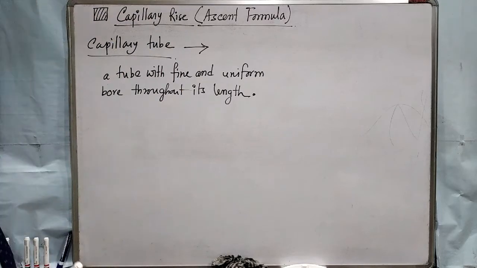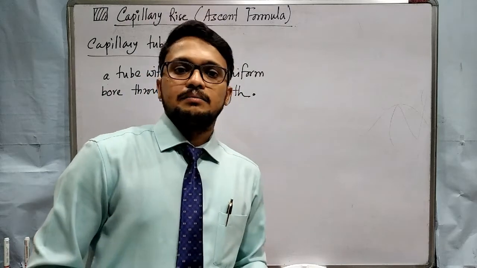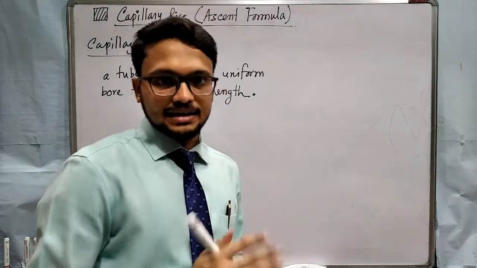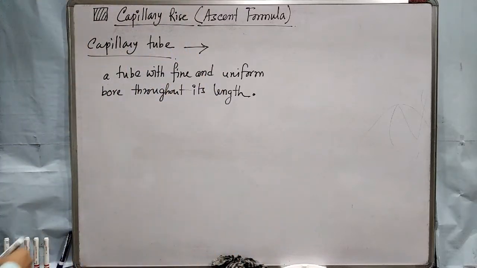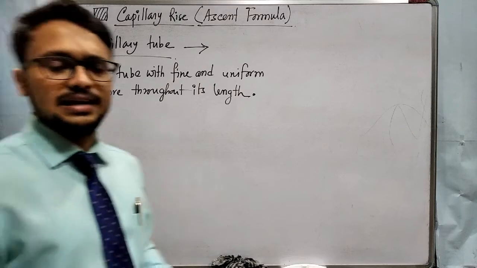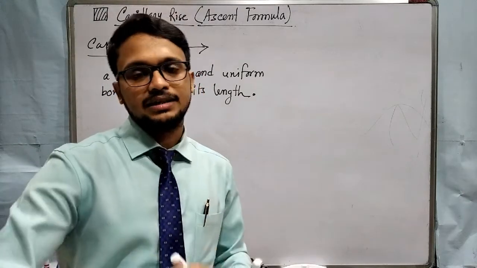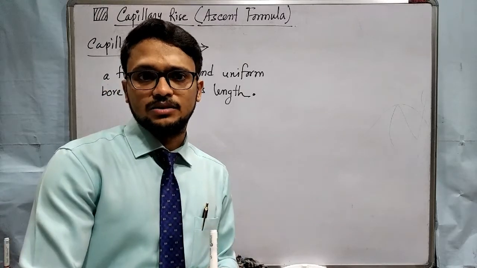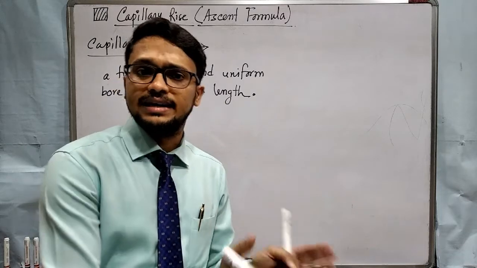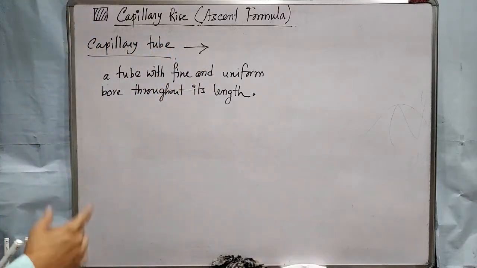Capillary rise is a physical phenomenon which can be explained by the property of a liquid at rest, which is called surface tension. We will see up to which height the liquid level will rise, how this formula is related to the surface tension of the liquid and the angle of contact between solid and liquid, and it depends on different factors.